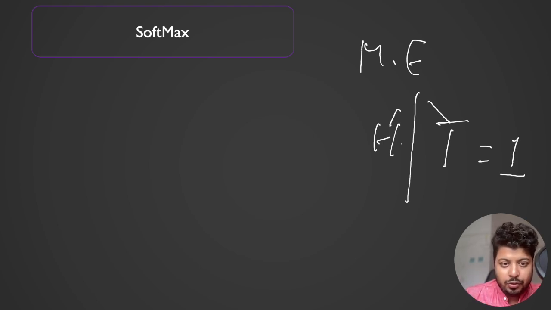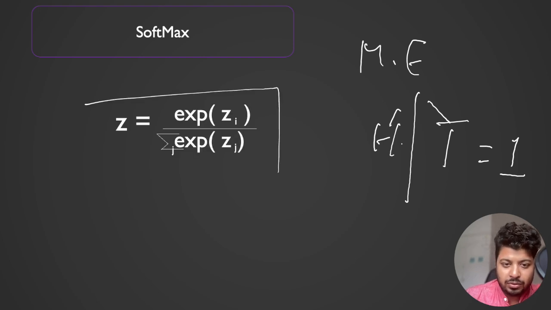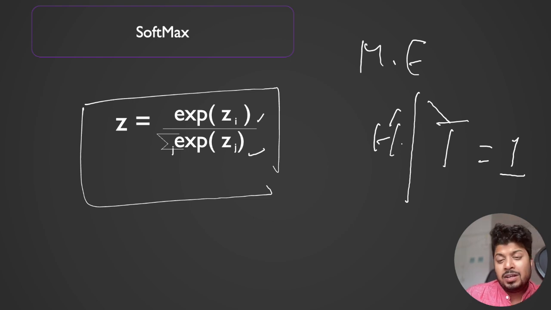Let me first introduce you to the mathematical representation of softmax. It is similar to this: exponential of z of i over the sum of exponentials of z of j. Internally, if I have to describe it in a bit more depth, it is nothing but an extension of the sigmoid function. I would rather say it's an advanced version of the sigmoid function. Let me give you one more example. Suppose you have to do a multi-class classification.